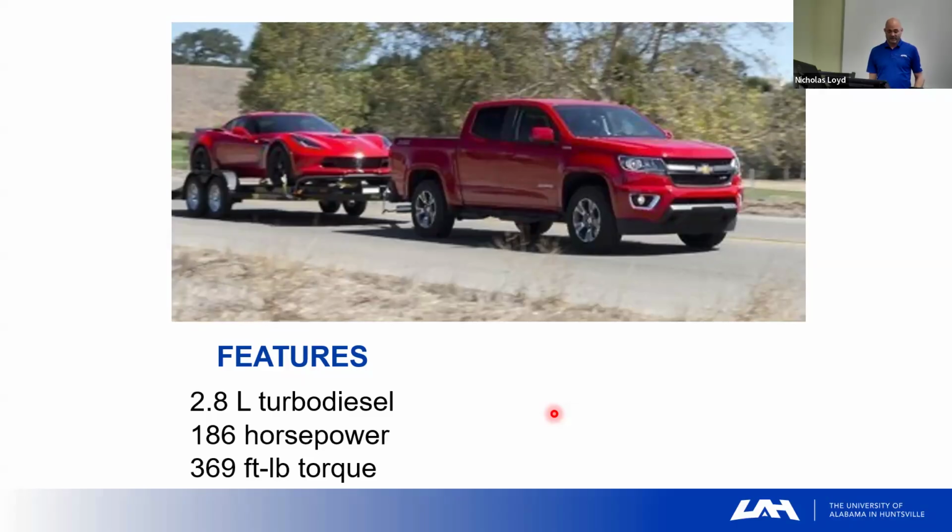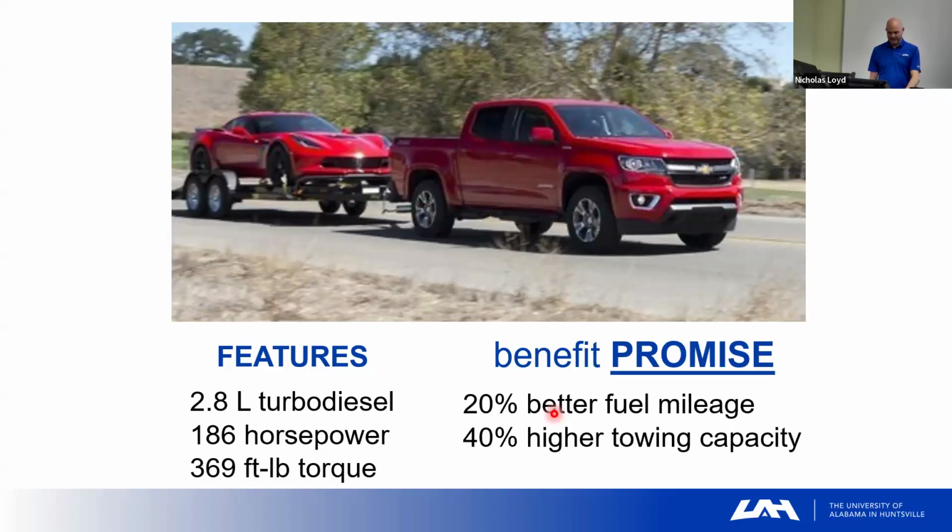Hey, this has a 2.8 liter turbo diesel with 186 horsepower, 369 foot-pound torque. A lot of specs and features. Okay, but why should I care? It's 20% better fuel mileage, 40% higher towing capacity. Oh, that's what it does.